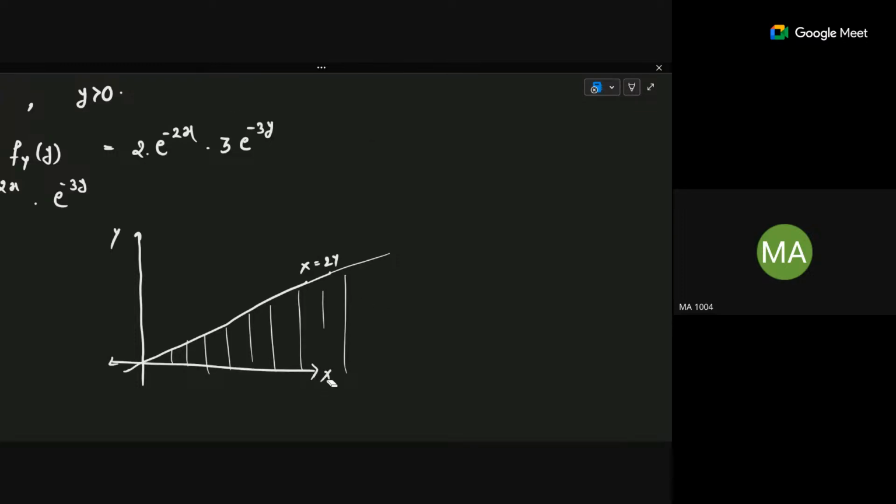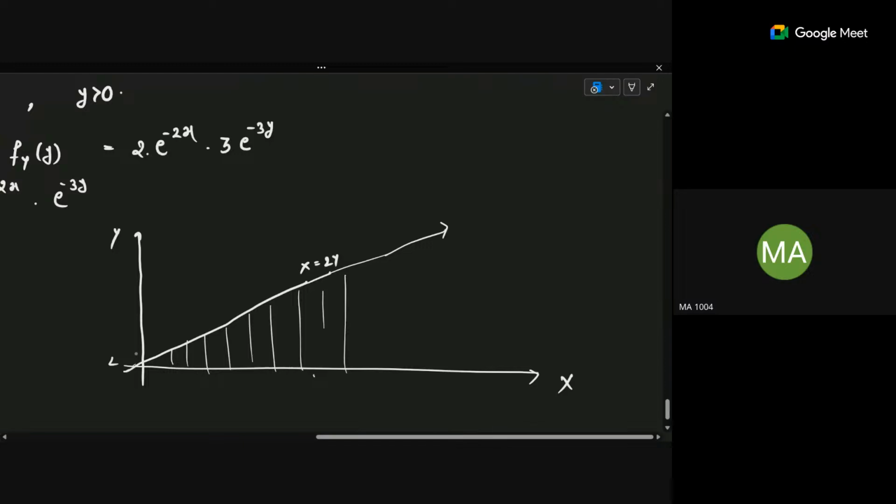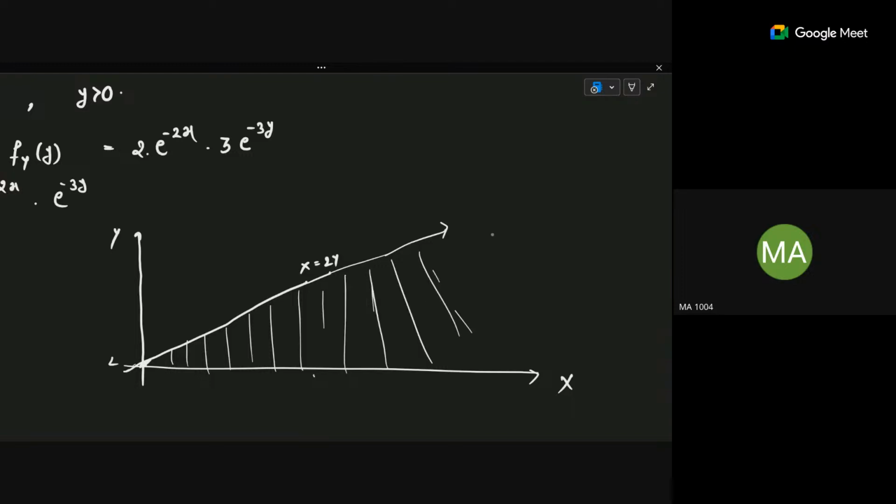How to proceed then? Anyone? Integrate in the range 0 to x by 2. This is x greater or equal to 2y, which is our region.